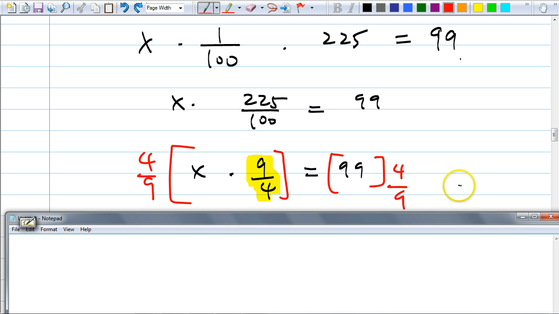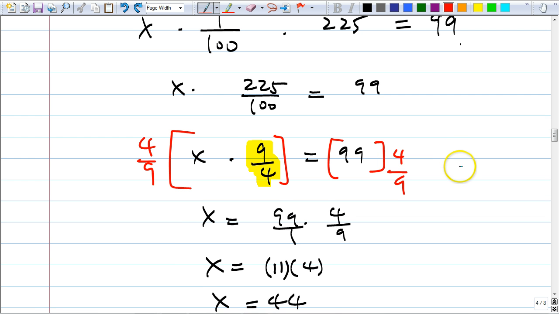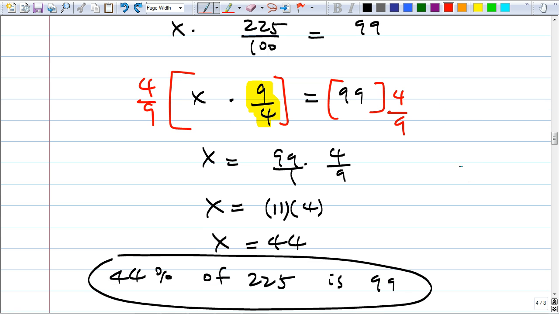The x comes out to be, well, 9 goes into 99 how many times? 11 times. The answer comes out to, class? x equals 44, right? So therefore, 44% of 225 is 99. And as you can see, no matter which one they ask you for, as long as you translate into an equation, it's pretty simple to solve, correct? So that's the idea, okay?